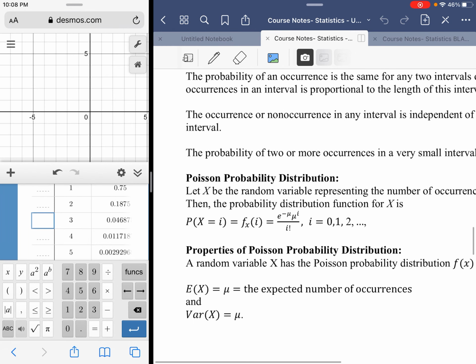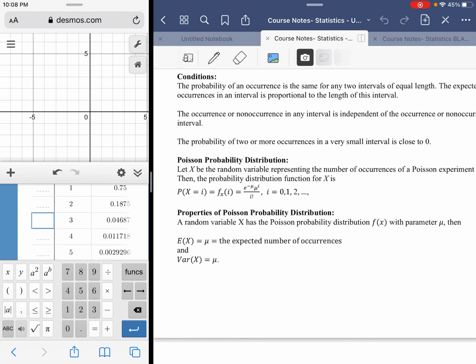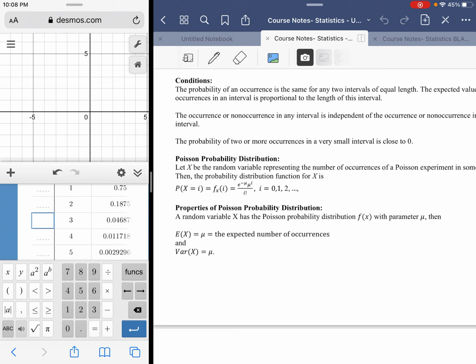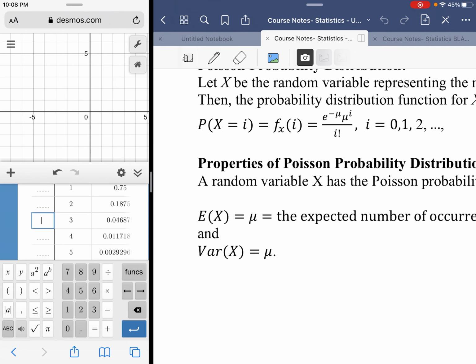Alright, so this is the Poisson distribution. We have exponential e raised to negative mu times mu to the I power over I factorial. Depending on what I is, this would take a variety of different forms. Alright, so alternate notations: E of X, also known as mu, and the variance of X is actually going to be equal to the value of mu, which is kind of nice.